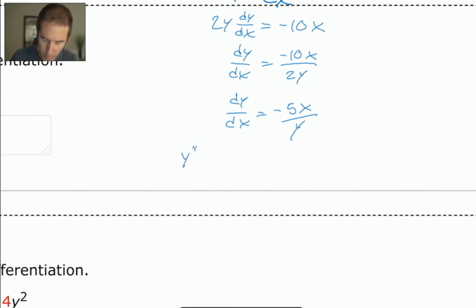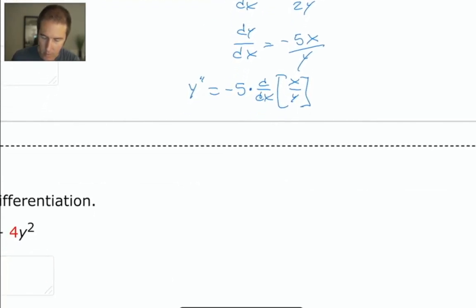Y double prime equals, and now we have to take the derivative of the right-hand side again. And that is, let me factor the negative 5 out, and then we'll take the derivative of x over y. Now that requires us to use the quotient rule.